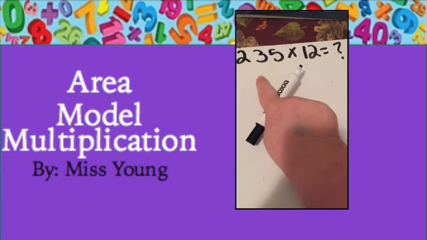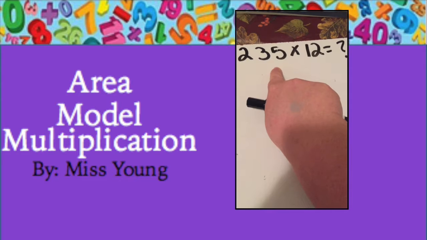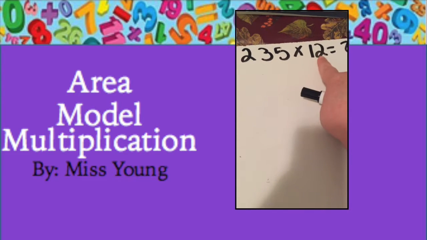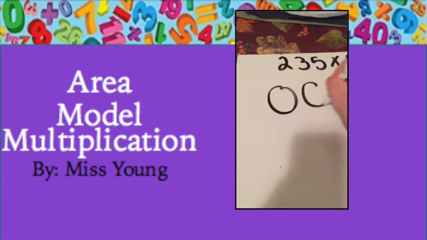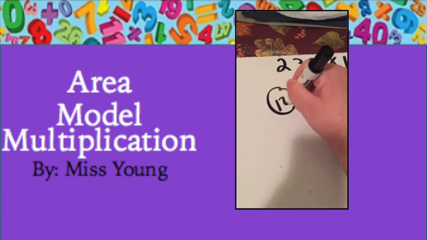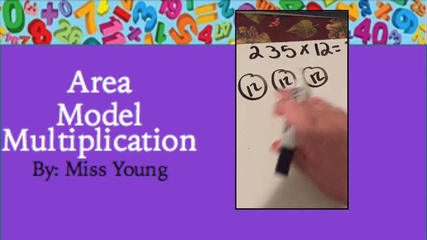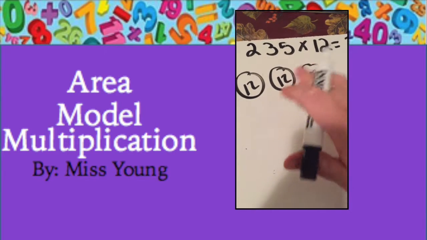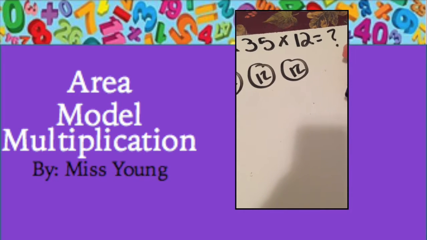So the students should know that when we read this, we read it as 235 groups of 12. So we have 235 groups with 12 inside. And if I wanted to, I could draw out the 235 groups and put 12 inside and add that up, and that would give me my answer.